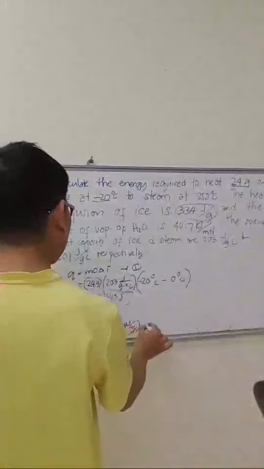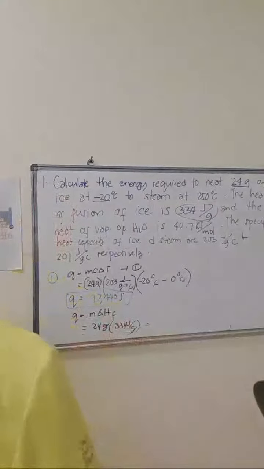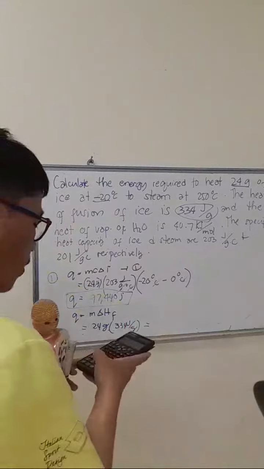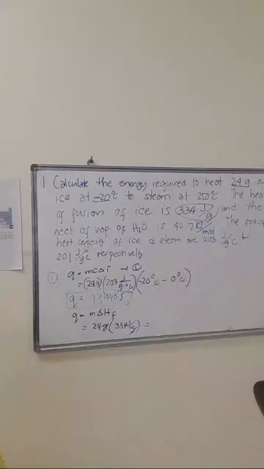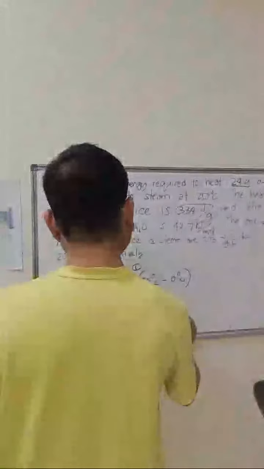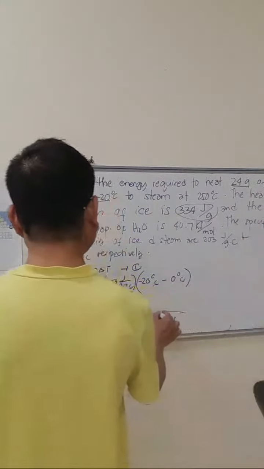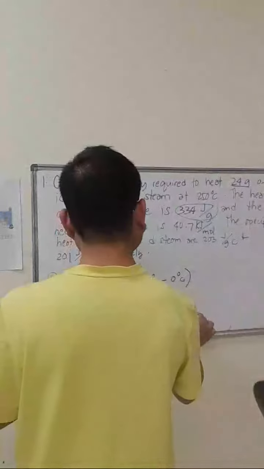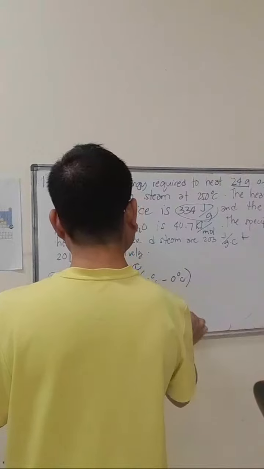So the mass of ice is 24 grams times 334 joules per gram. Cancel the grams, so joules. So 24 times 334 is 8,016 joules. This is process 2, the phase change. Let's say Q1, Q2.